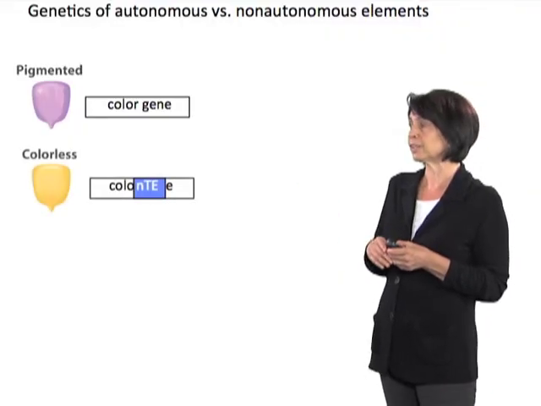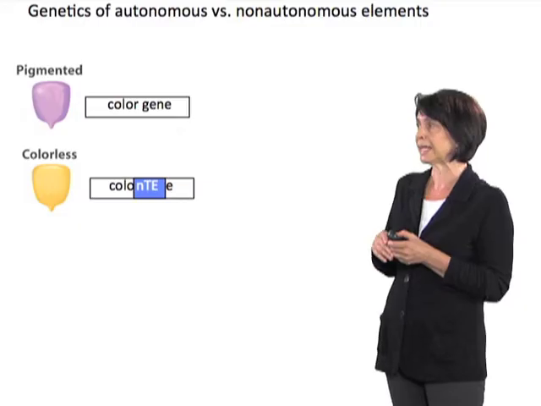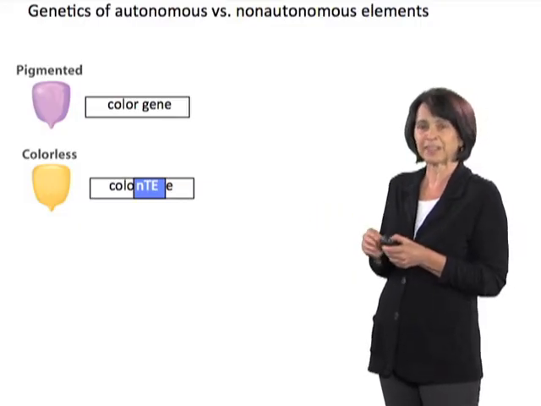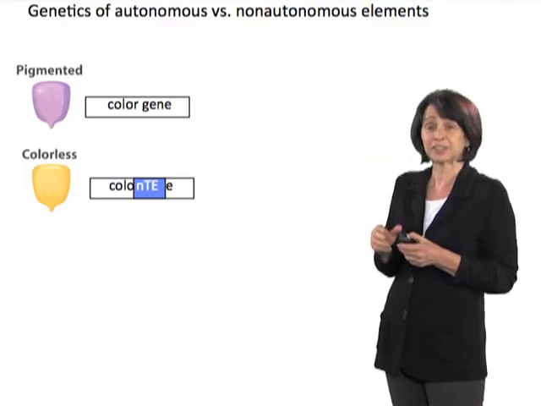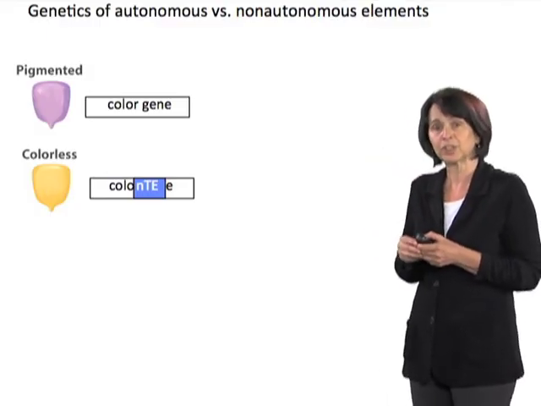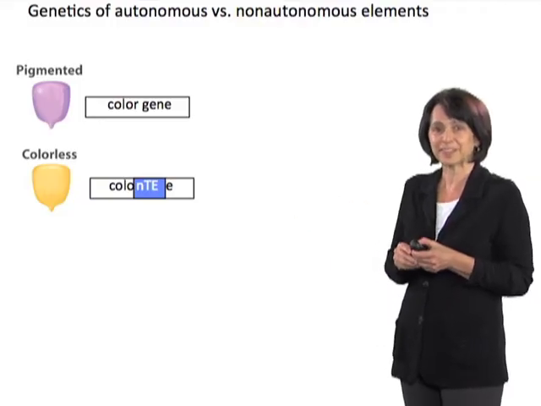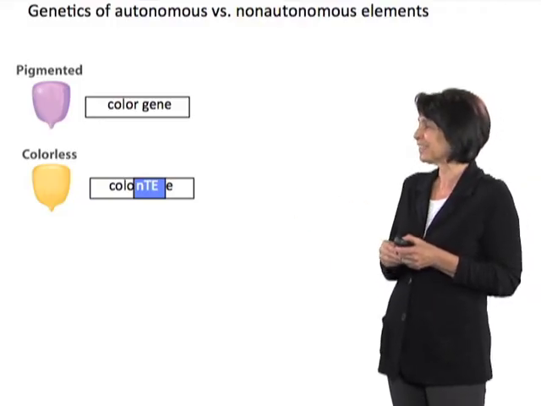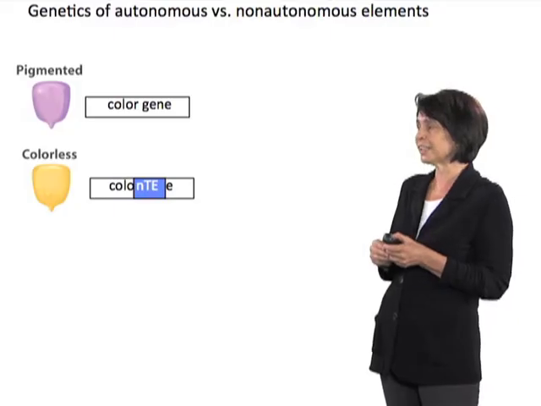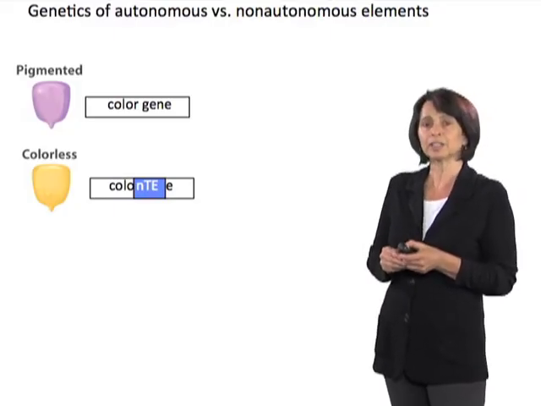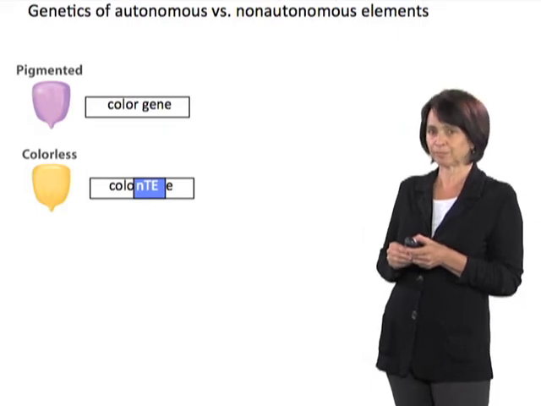We have another allele where we have what I call an NTE. It stands for nonautonomous TE, and I'll explain that in a second. There are two different types of transposable elements. One is autonomous, one is non-autonomous, and these slides will hopefully clarify what I mean by that. In this case, we have a transposable element sitting in a gene, but the transposable element, which is non-autonomous, is not able to move on its own.